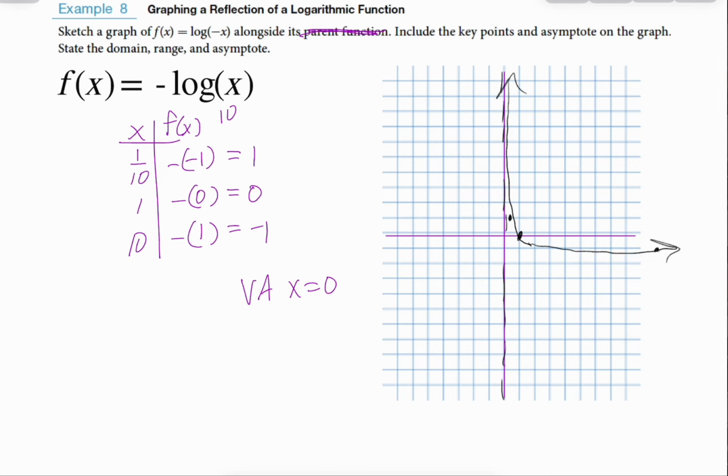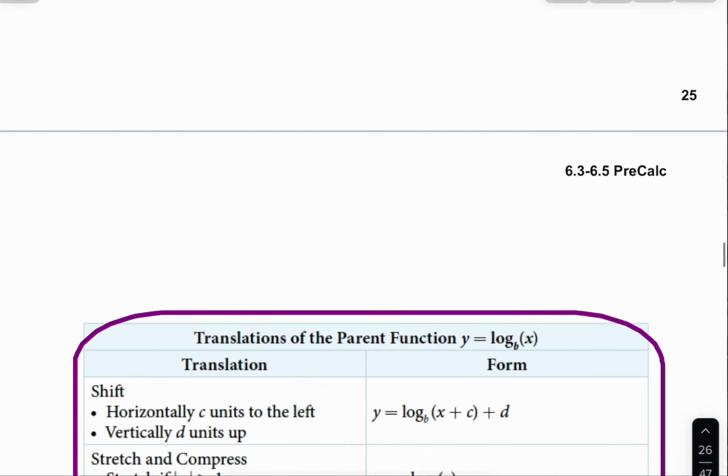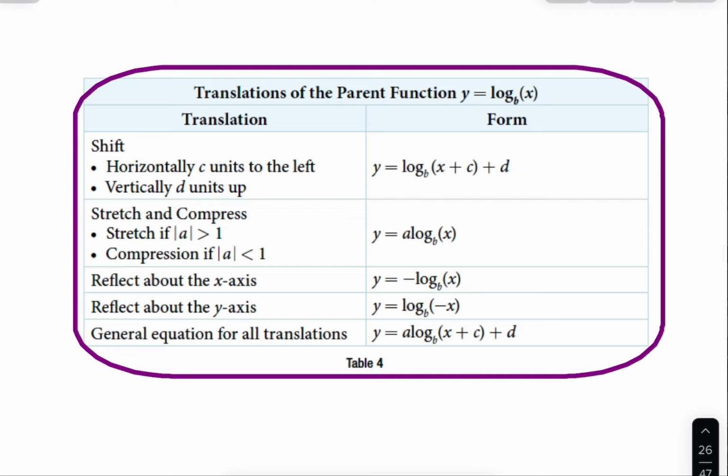So what should have been like this flipped over the x-axis. So just remember all the things that can happen to a function that are listed here, but the inside is going to affect our x, the outside is going to affect our y. You have to be very, very mindful as to what you plug in so that you get nice values. These ones you have to be a little more careful about the x's that you choose.